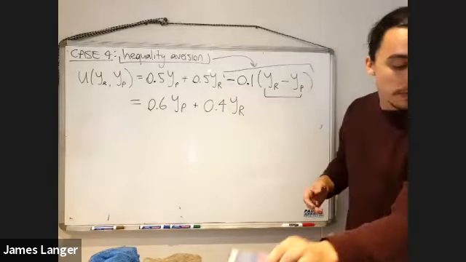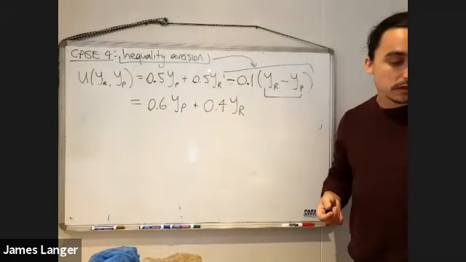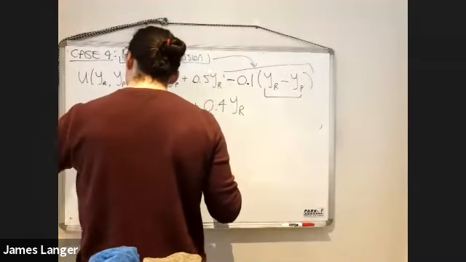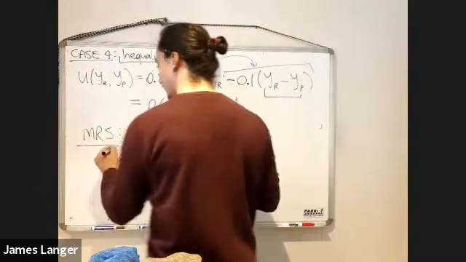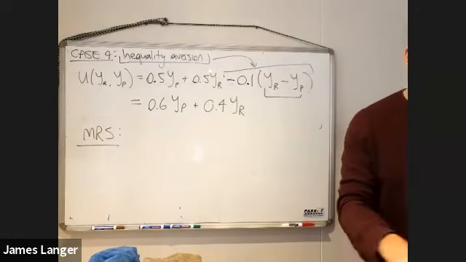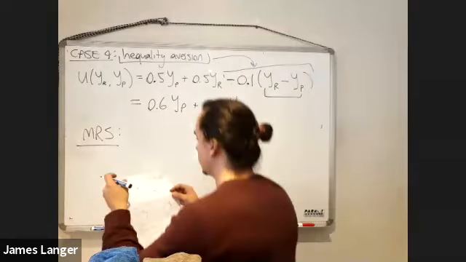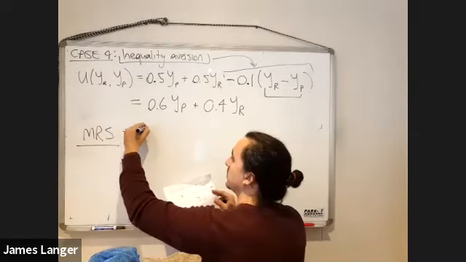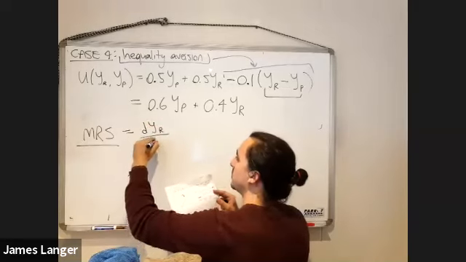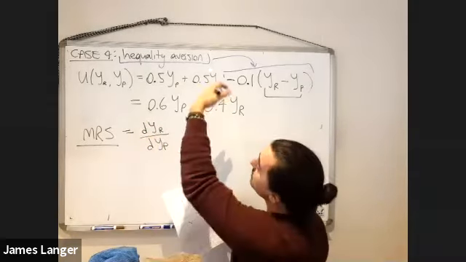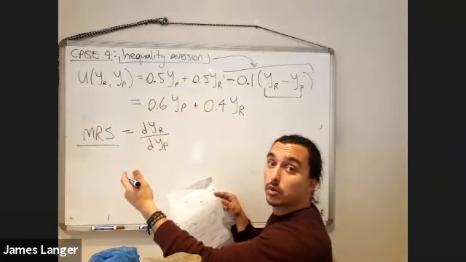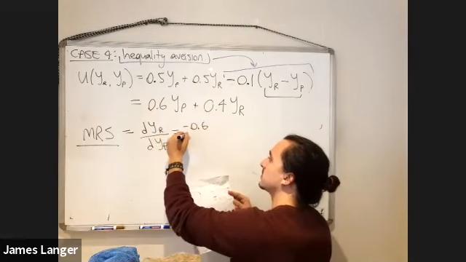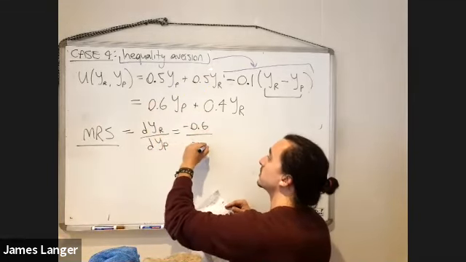Great. So now, if I want to find my marginal rate of substitution, my MRS, I'm going to have to say MRS is equal to dYR over dYP. And if you were to solve for it like we would have done earlier, the answer you'll get is negative 0.6 over 0.4.